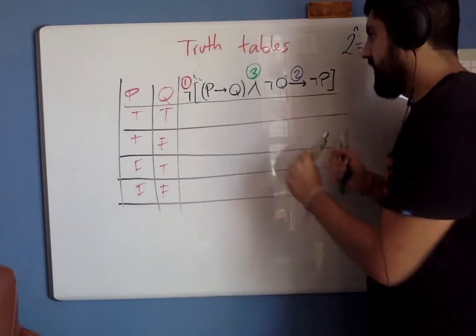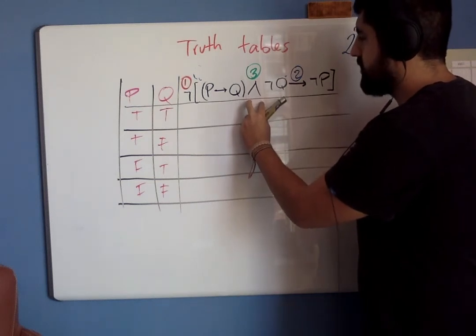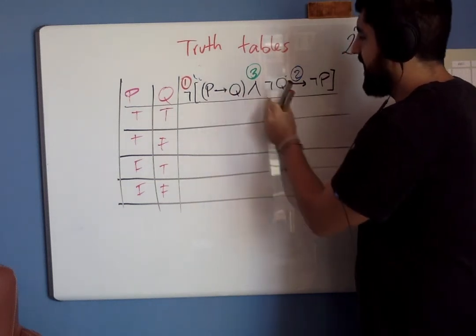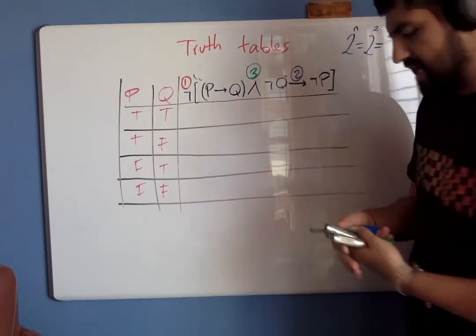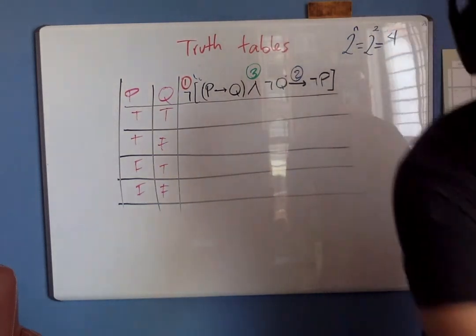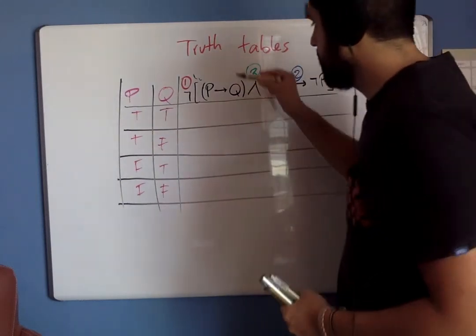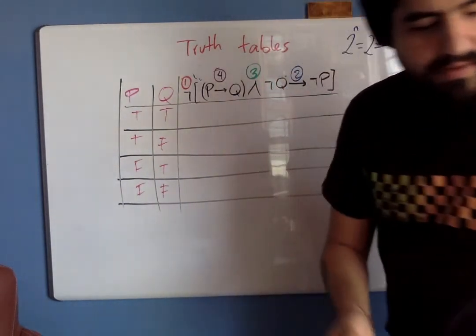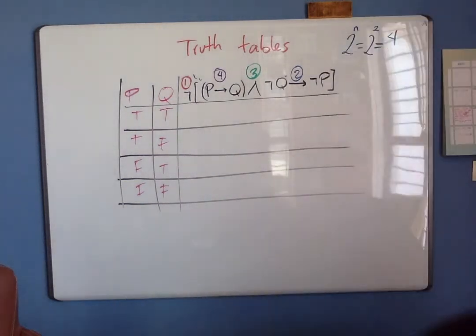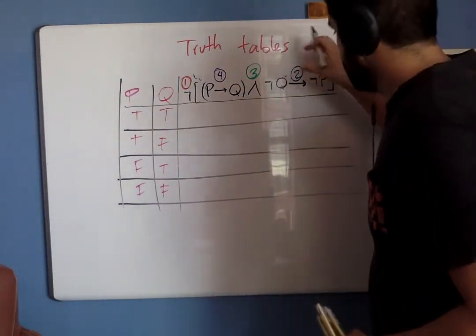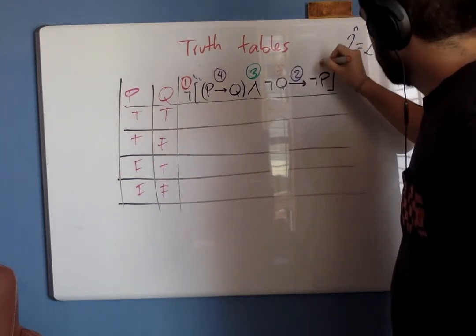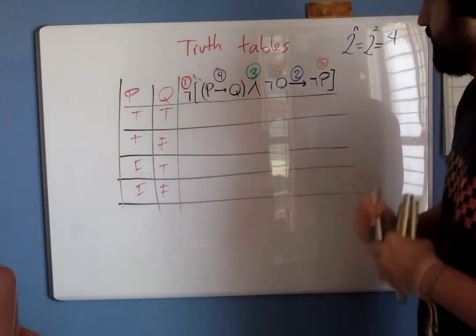Now, as I said, this conjunction needs the solution first of this conditional between P and Q and this negation of Q. So let's say that, for example, 4 is going to be the conditional between P and Q, and finally, let's say that 5 is going to be the negation of Q and the negation of P, okay?